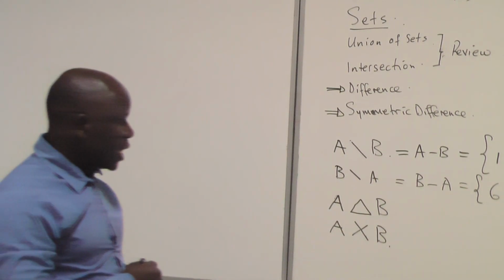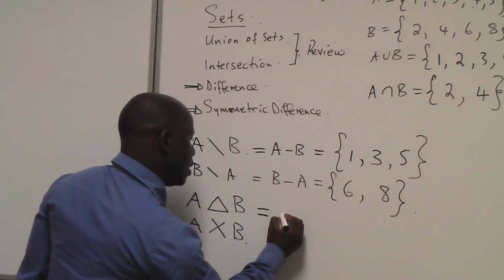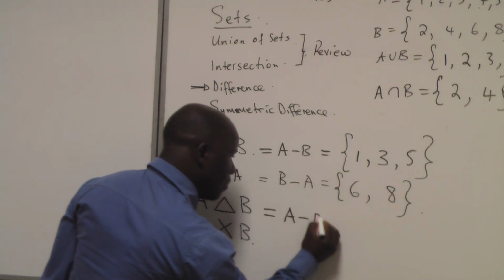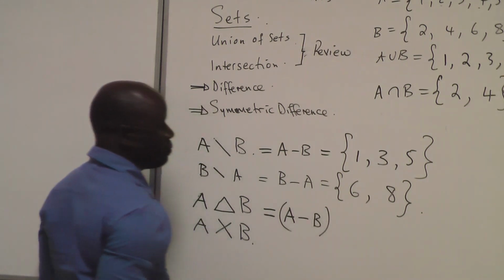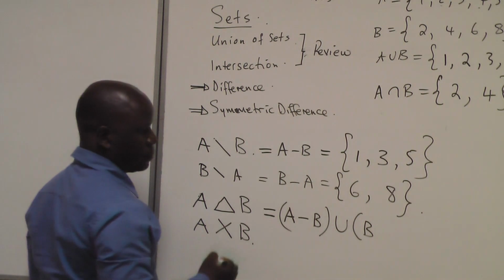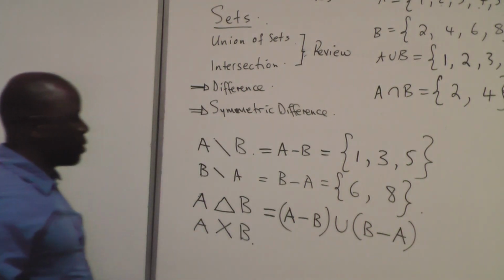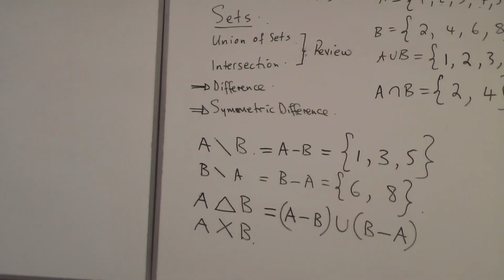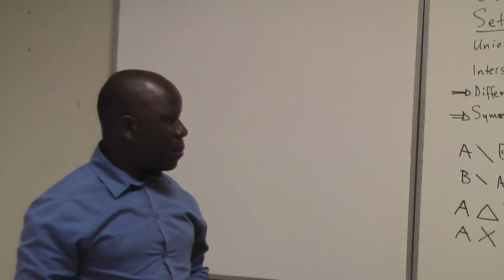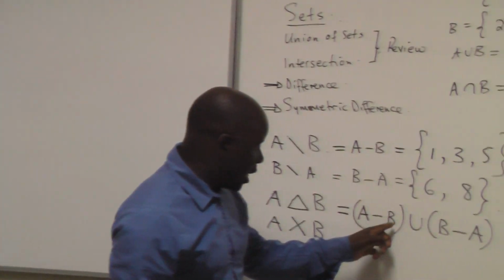Now, A symmetric B is the same as elements in A, we remove those that are in B, union elements in B, and we remove those that are in A. Now, what are we saying here? You can see that A minus B is the same.